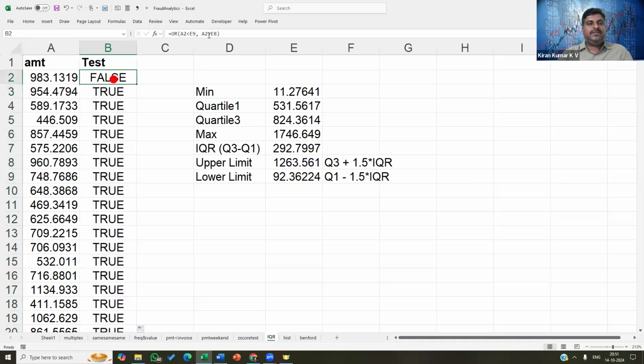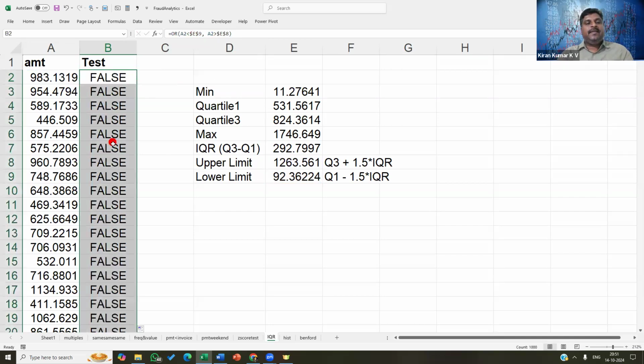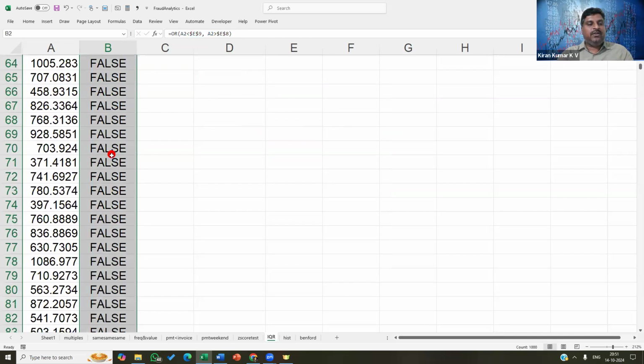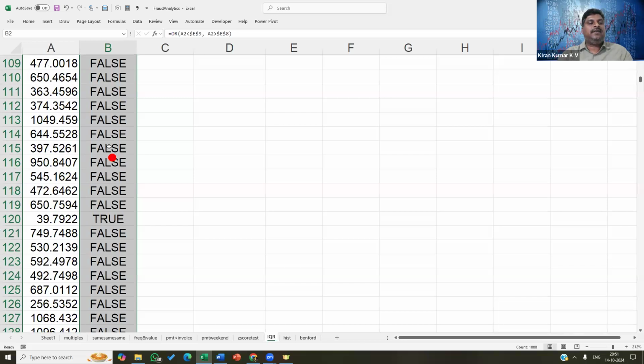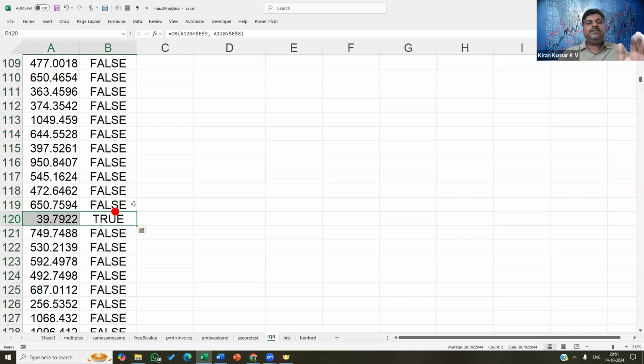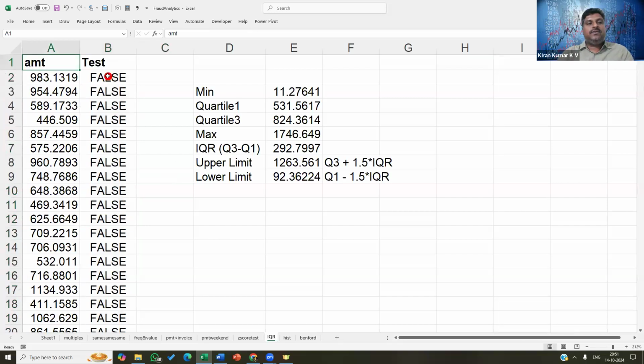Sorry, we have to freeze this now. I'm sorry, I did not do that. All right. So you see, I don't see any true at all. Surprising. Achha, I got one here. You see 39.79, which is below the lower limit. So let's put this in an IF condition.